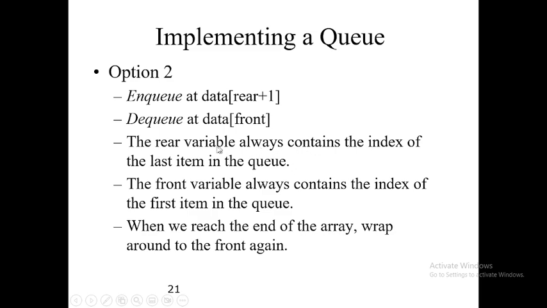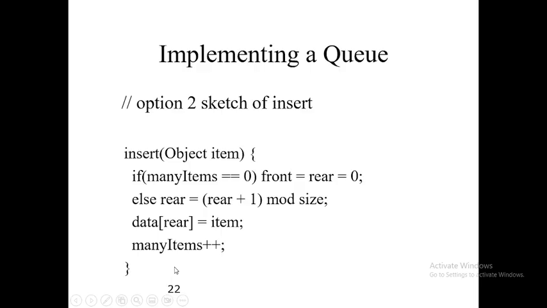Generally, the rear variable always contains the index of the last item in the queue. Rear means the last item or last person in the queue. The front variable contains the index of the first item in the queue. You can assign front and rear like this in the normal data structure.